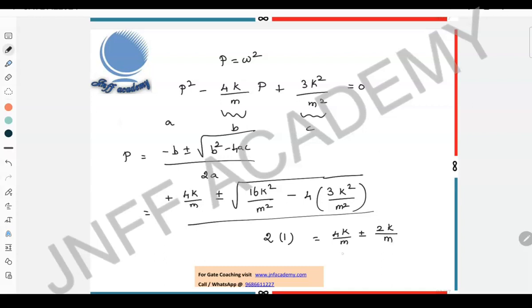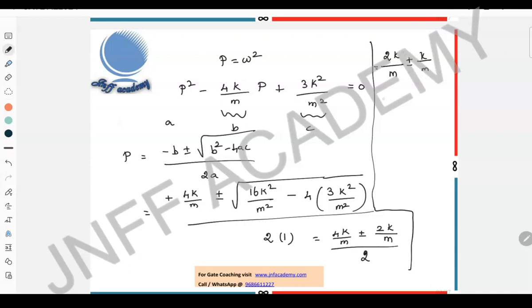M square, I can take m. Whole divided by 2. Now we can write two things: 2k by m plus or minus k by m. After simplifying we will get like this.